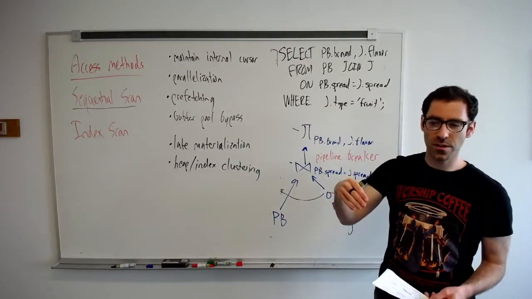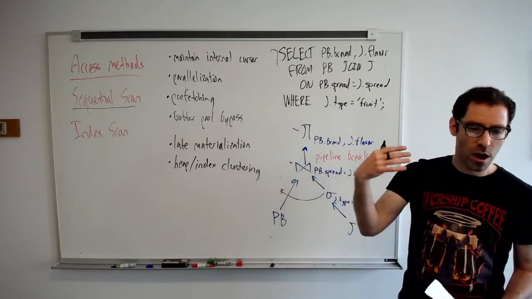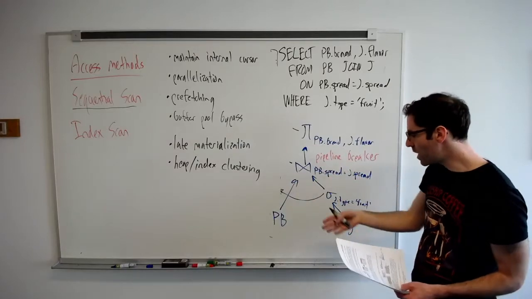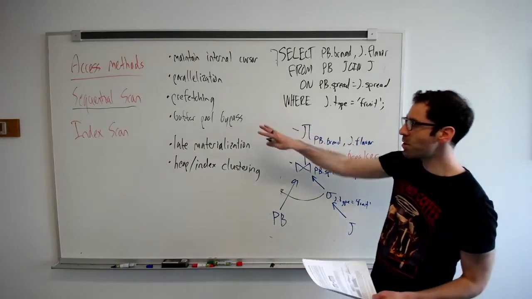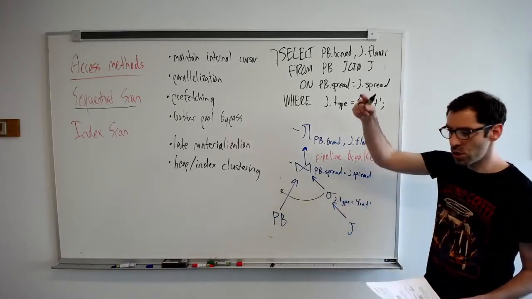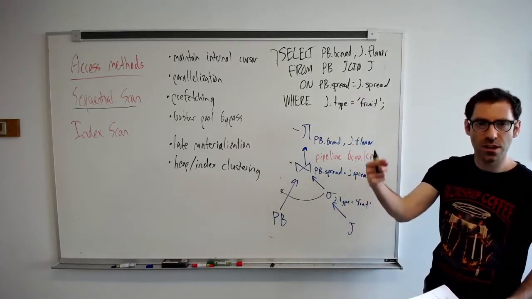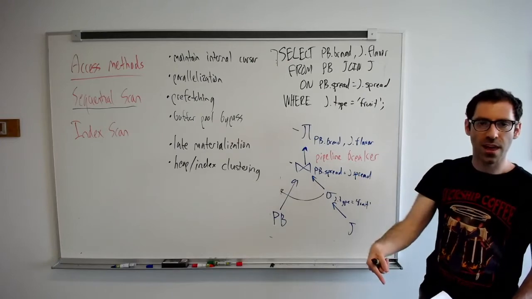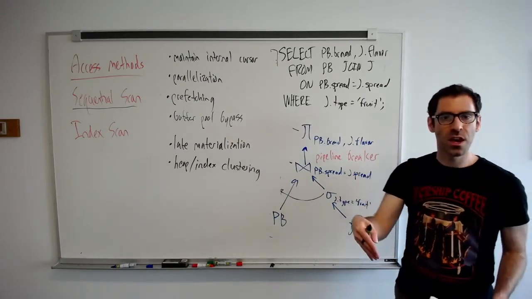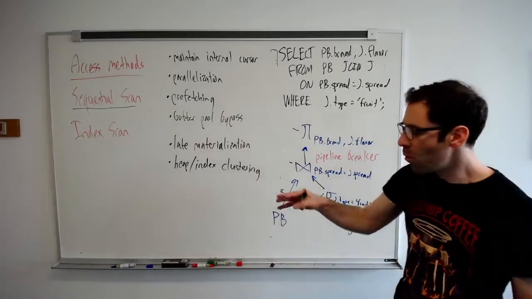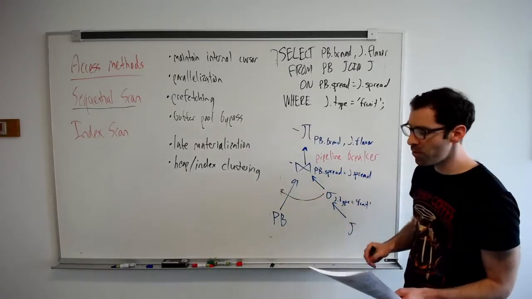Then if it's saying, all right, I need something that's type equals fruit, then the sequential scan knows that it should just jump right to the first thing that has the type fruit, and then can stop scanning once it hits something that doesn't have type fruit.